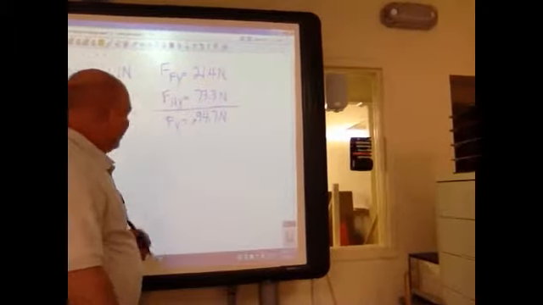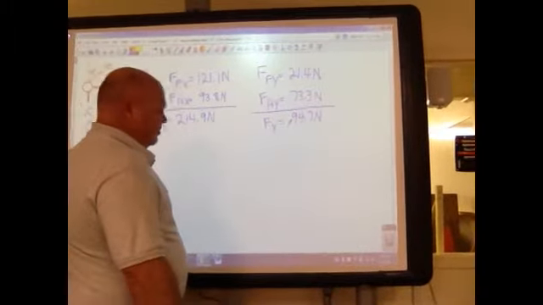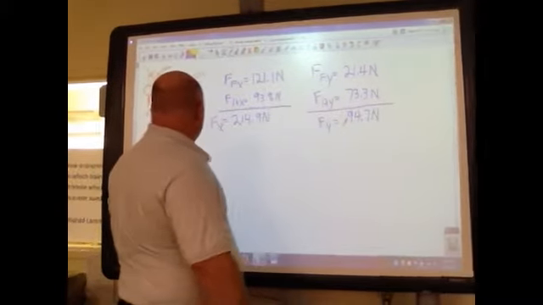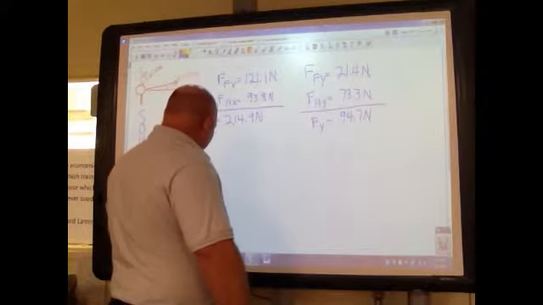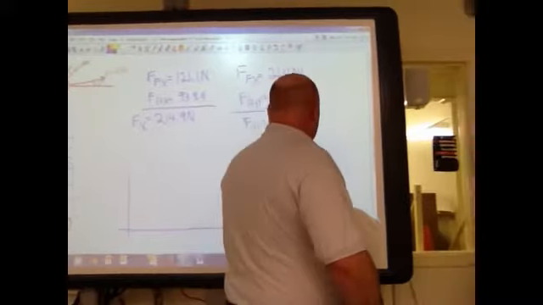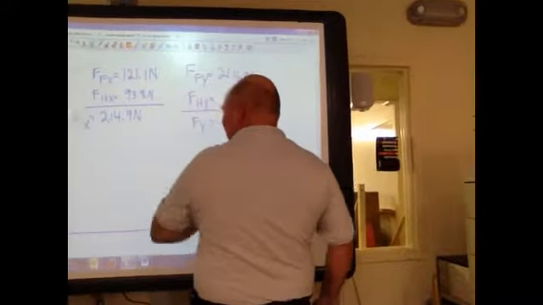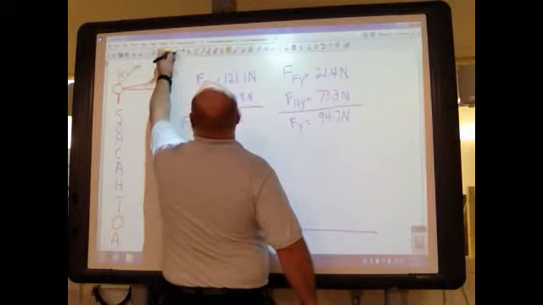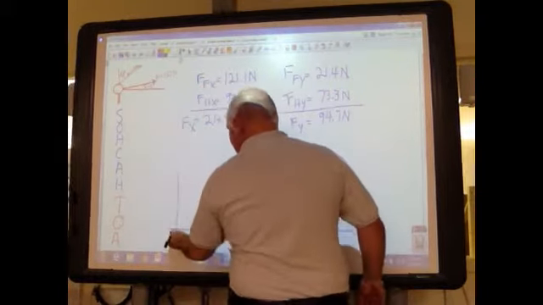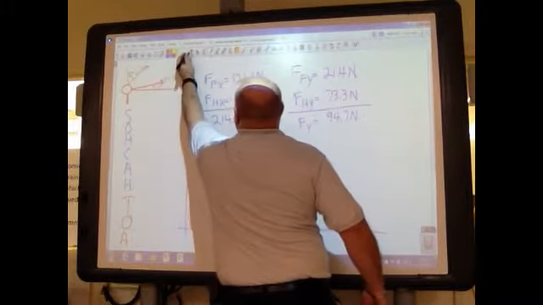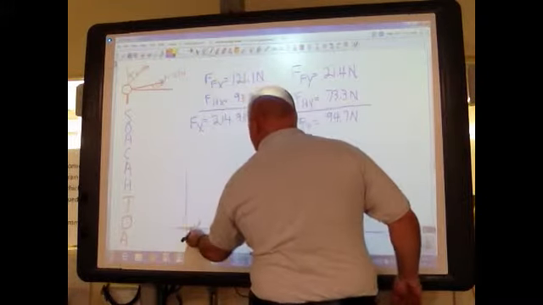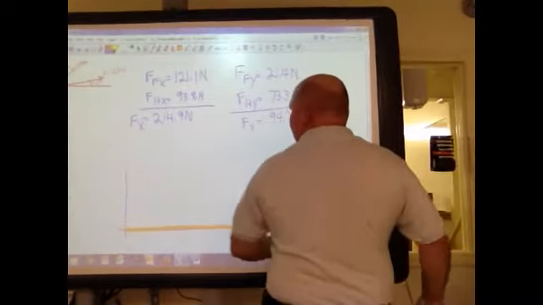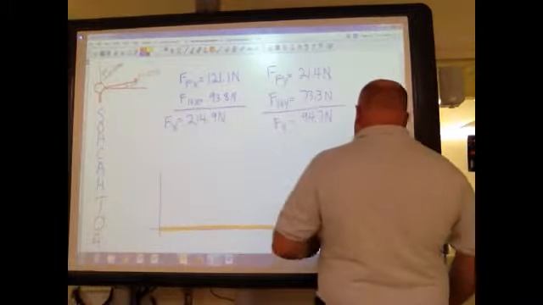Now, the very next step is to come in and determine how big our magnitude is for the overall new vector. So I'm going to draw a y-axis here, and I'm going to draw an x-axis way out here because the x is a lot longer than the y. Let's use a nice bright color and say this is our x, and it is 214.9 newtons.